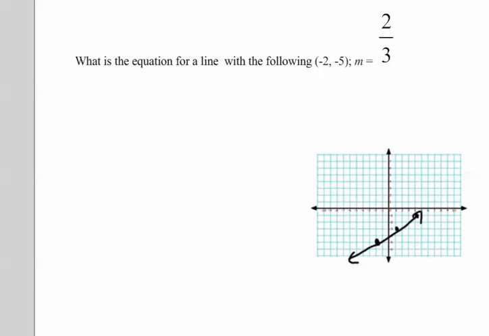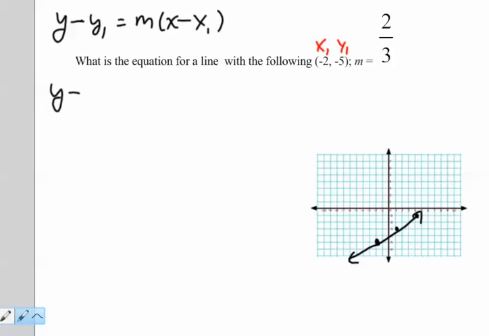So for the equation, I'm going to use y minus y1 equals m times x minus x1. That's the point slope formula. If I label my parts again, x1 and y1, m is already labeled for me. So we'll plug this in.